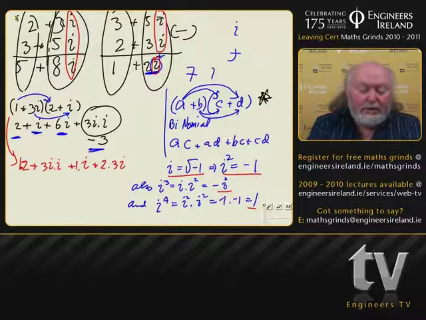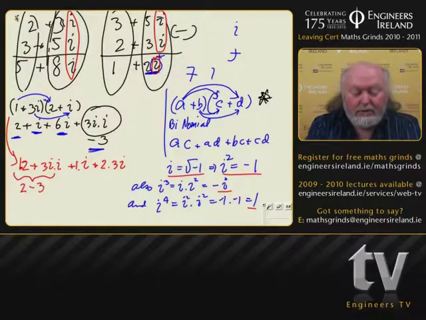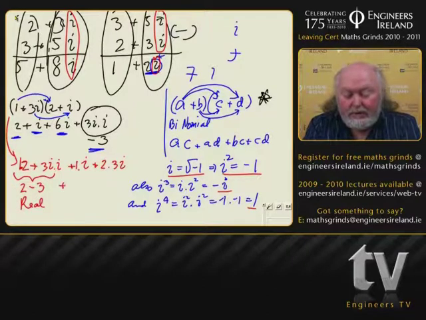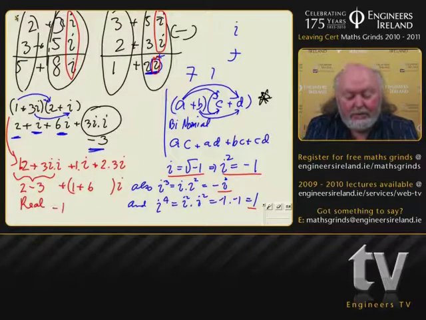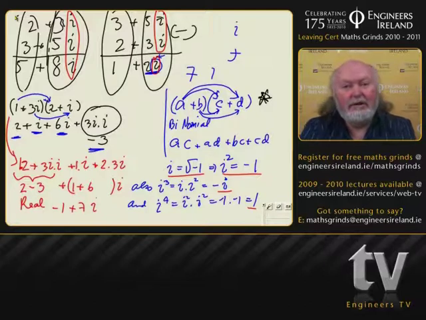Because now what we're going to get out of it this way, you're going to get 2 minus 3, which is real, plus, and all of these will have i's, so 1 plus 6i. So now we're saying it's minus 1 plus 7i. Straightforward enough.